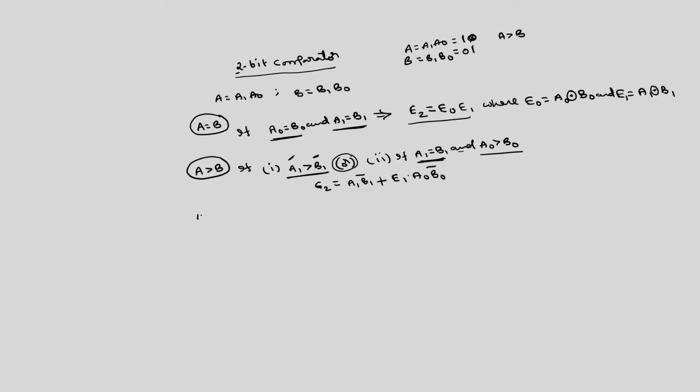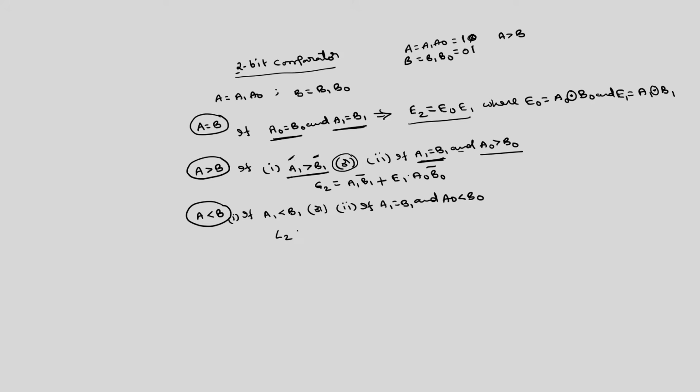Similarly, the third condition A less than B, under two conditions similar to this: if A1 is less than B1, it is sufficient to say that A is less than B, or the second condition is if A1 is equal to B1 and A0 is less than B0. These are the two conditions under which we can say that A is less than B. So, what is the expression for this output L2?